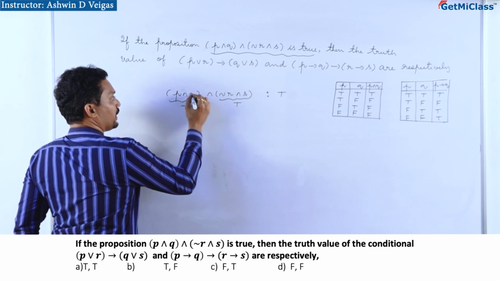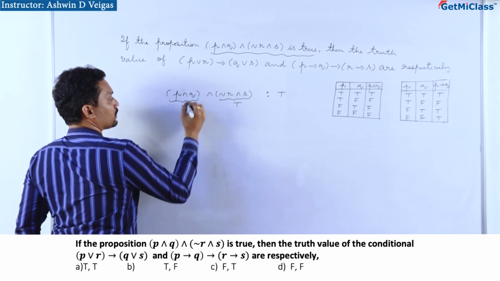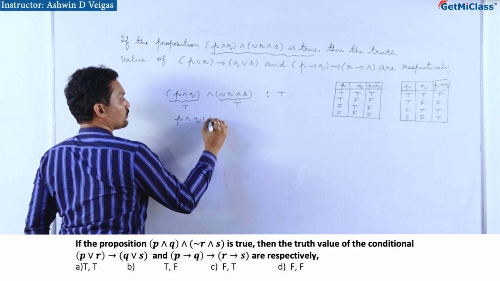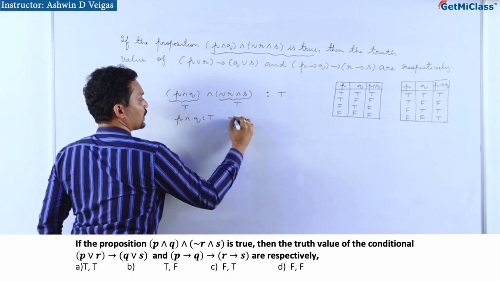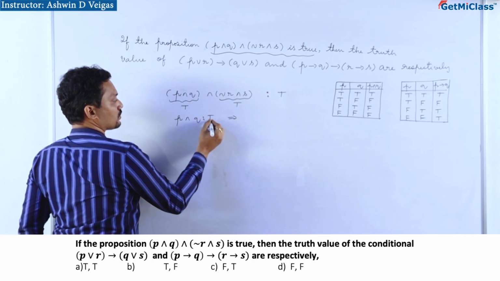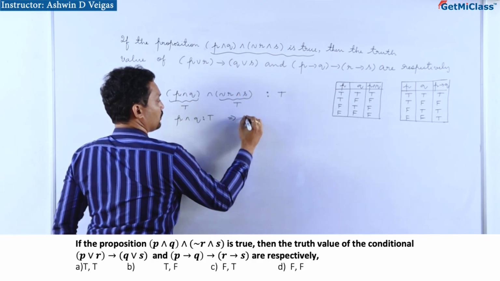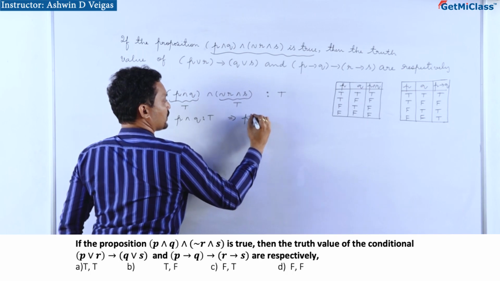Now, again P and Q should be true. This will imply, since AND is true, both should be true, so P is true, Q is true.